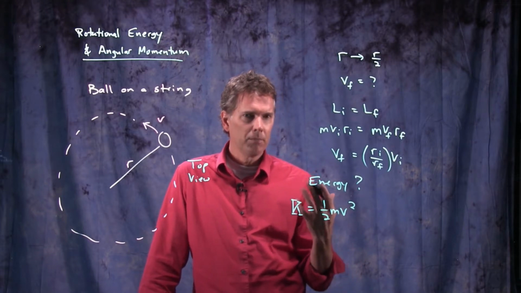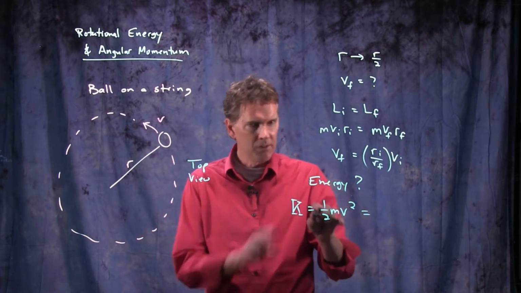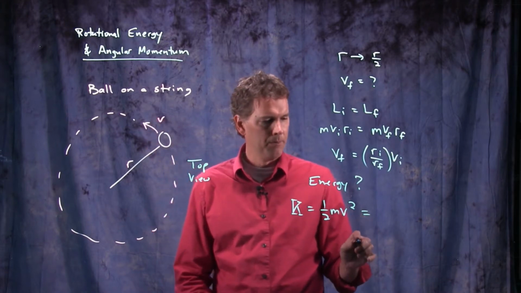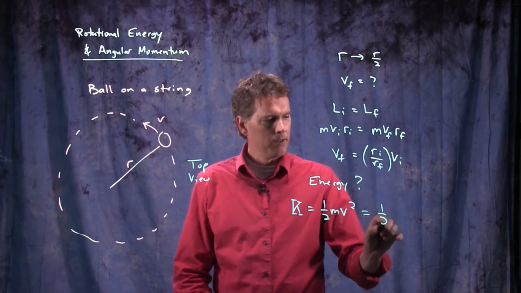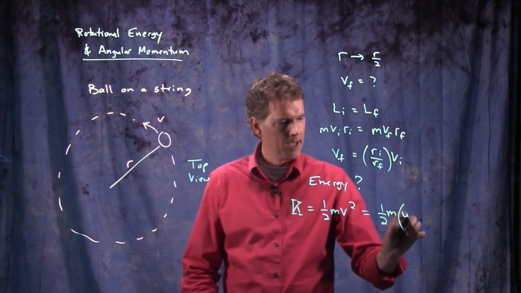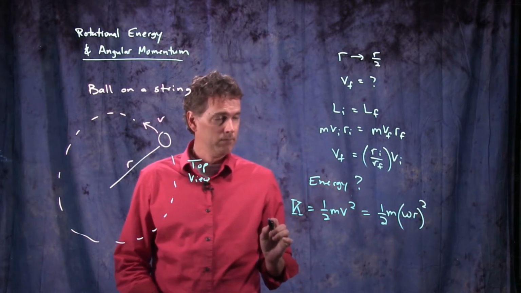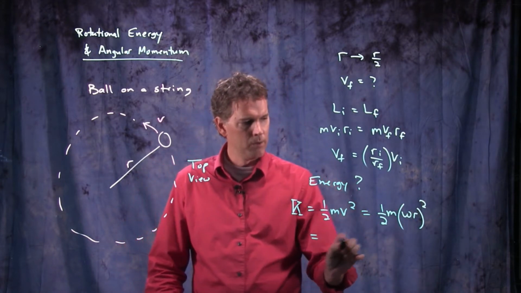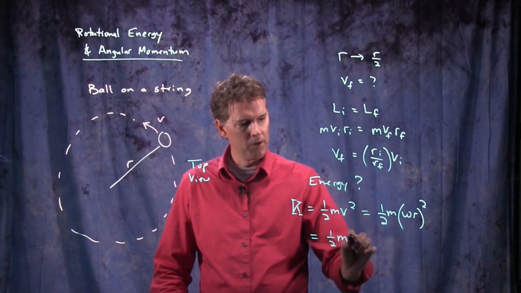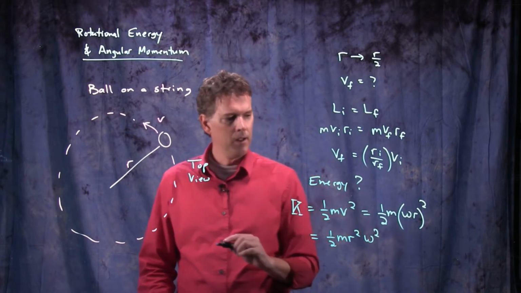We said our v final goes up, so kinetic energy must have gone up. How does this play into rotational energy? 1/2 mv squared is certainly the kinetic energy of the particle. But we can rewrite this because v is equal to omega times r. And look, we've got 1/2 m. I'm going to pull the r squared out, and then I have an omega squared left over.